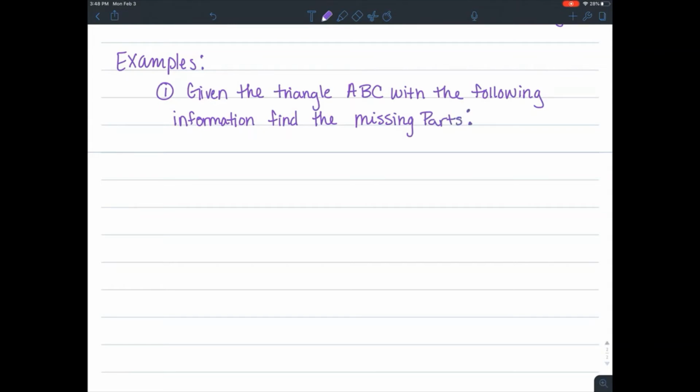So the information that is given is that angle A is equal to 40 degrees, side A is equal to 12 centimeters, and side B is equal to 15 centimeters.